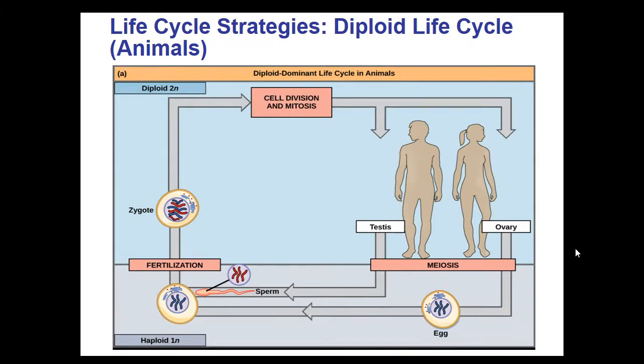So the adults are diploid. They produce sperm and egg, which are haploid. They come together to form a diploid fertilized egg.